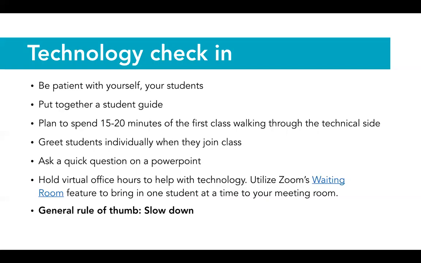Put together a student guide to share expectations for behavior during a virtual class. Plan to spend 15 to 20 minutes of the first class simply walking through the technical side of things and discussing these expectations. Keeping everyone on the same page will be crucial for a smooth experience.